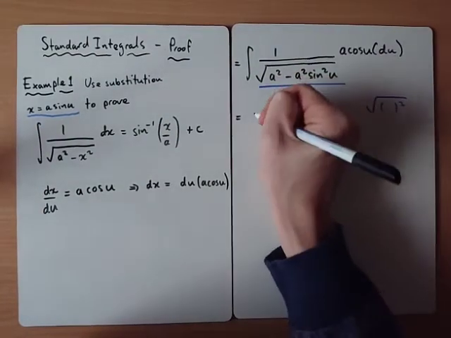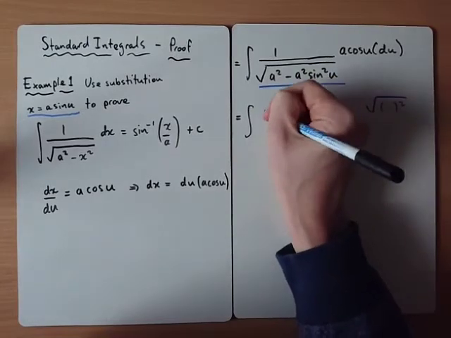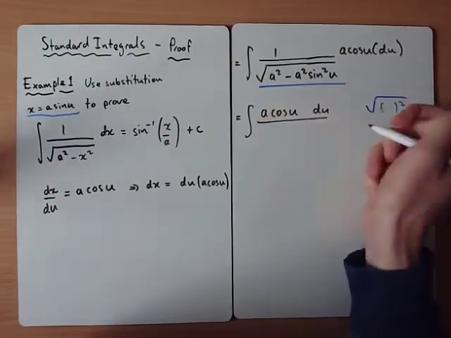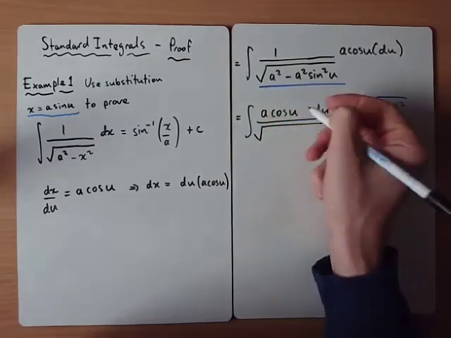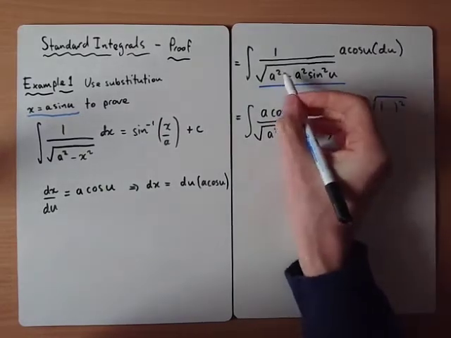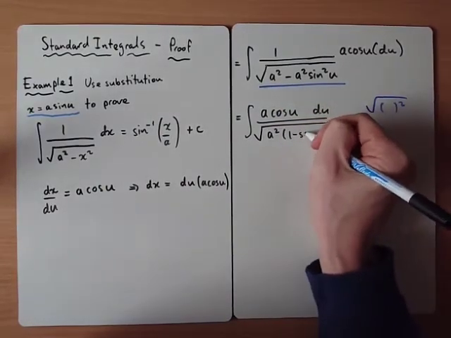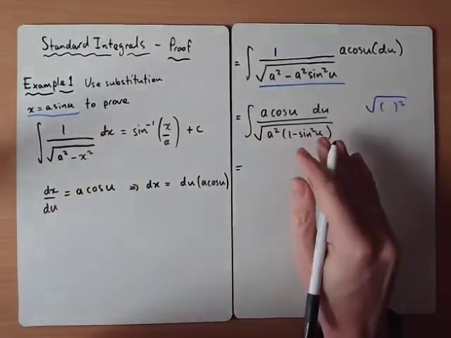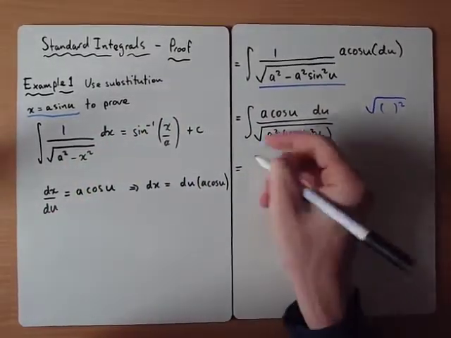The key to doing this for this type of question is to realise we can take an a squared out as a factor, and you're left with 1 minus sine squared. This is a proof question. I'm not going to skip that step. That's a key step now.